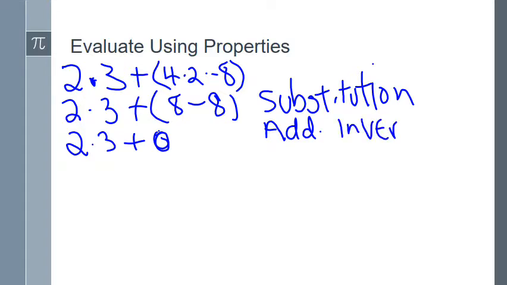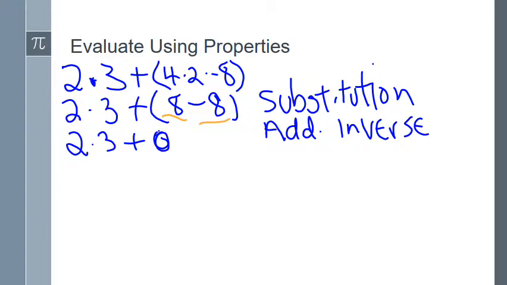So that additive inverse property, if you remember, the opposite of a number, or the inverse of the number, is just changing the sign. So we had a positive 8 right here, and that additive inverse is a minus 8, and of course anytime we've got an additive inverse, that is going to equal 0.